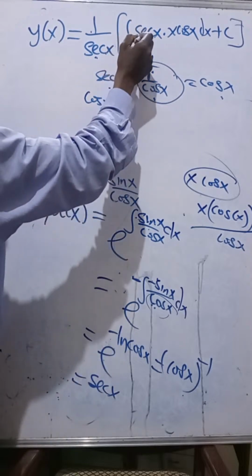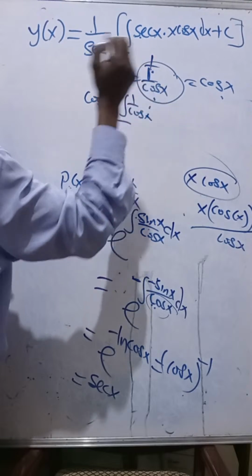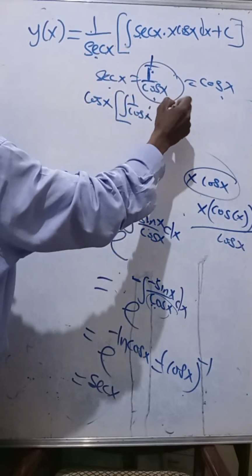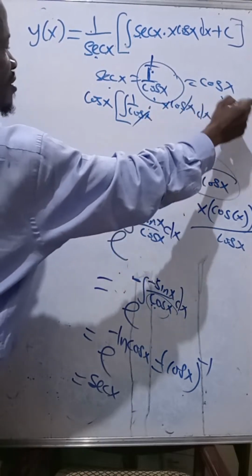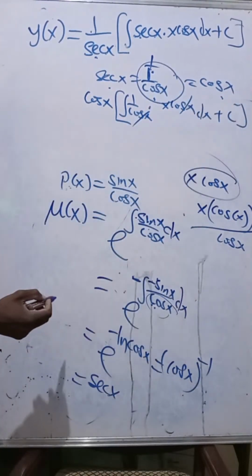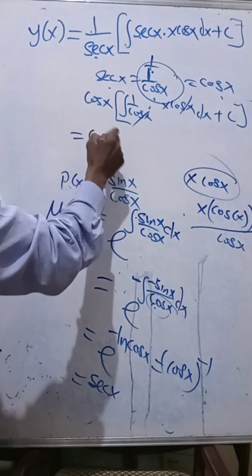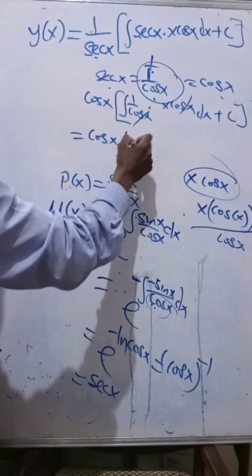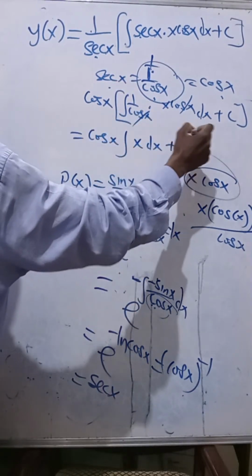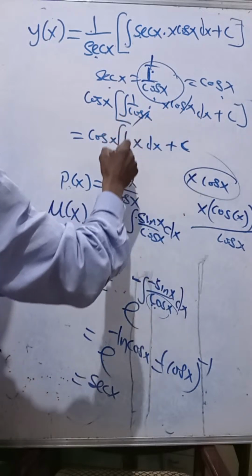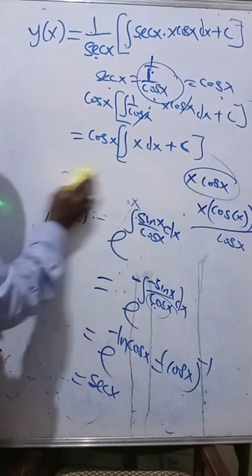Then do the algebra for this one, which is the integral of 1 over cos x times x cos x, so this and this will cancel, dx plus c. That will give us x dx in this place plus c. So we have this plus c.